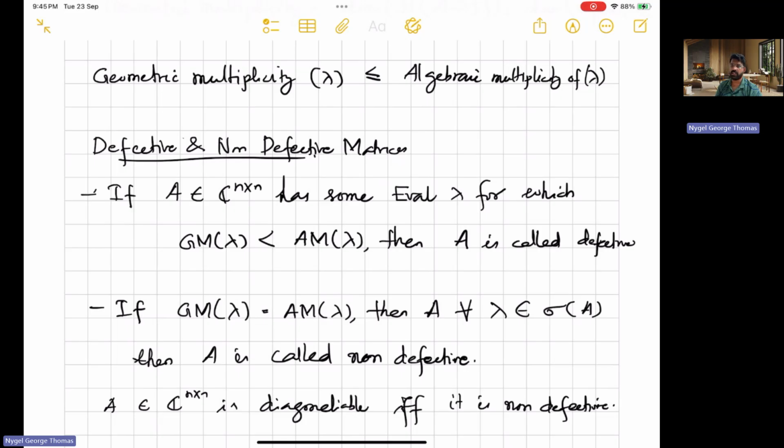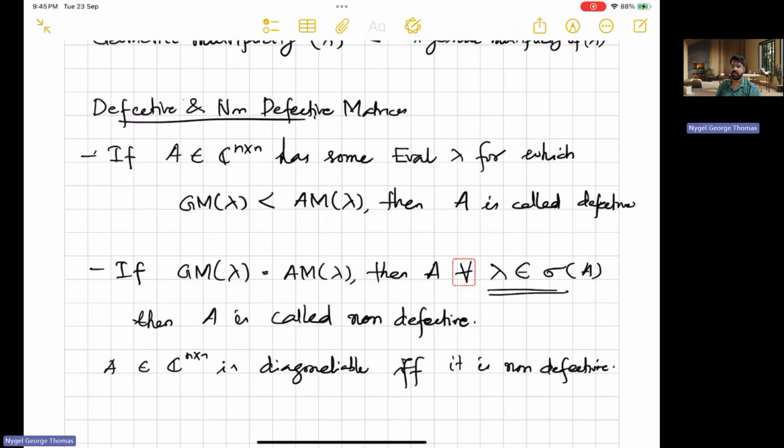And if they are equal for all the lambdas belonging to the spectrum of A, not just for one lambda, then the matrix is called a non-defective matrix.